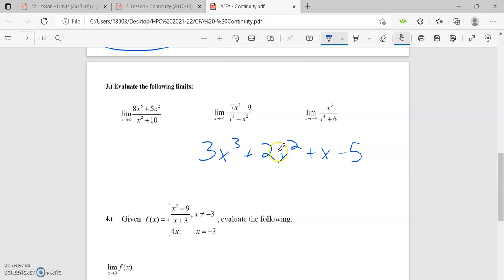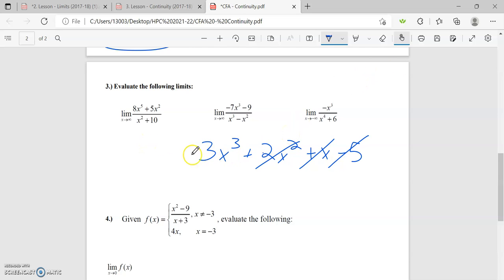As x gets really, really big, the minus 5 at the end isn't going to affect the graph a whole lot. Same thing. We get x really big and we cube that, then the x itself isn't going to be as significant. Neither is the x squared. So the law of dominance was the idea that as we go to infinity, the negative 5, the x, the 2x squared, really become negligible.